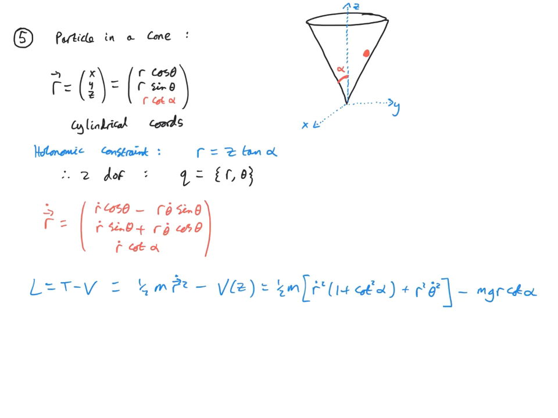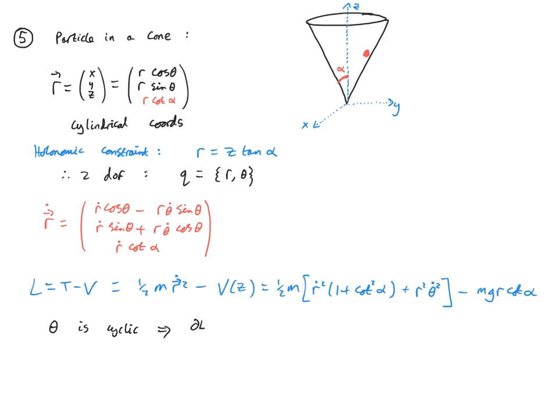And again, that's to be expected because we have a continuous rotational symmetry in this problem in the xy plane, and that will correspond to a conserved angular momentum around the z-axis, as we've seen many times in the previous lectures and even in this lecture. So theta is cyclic.